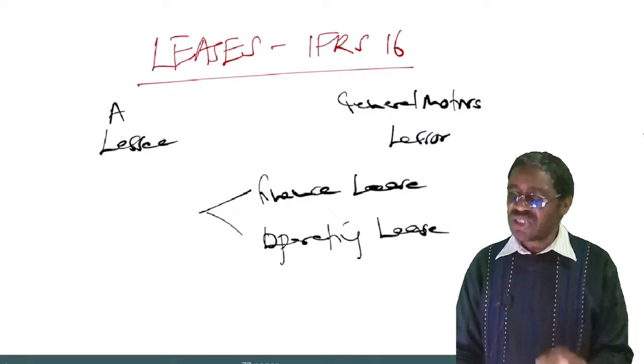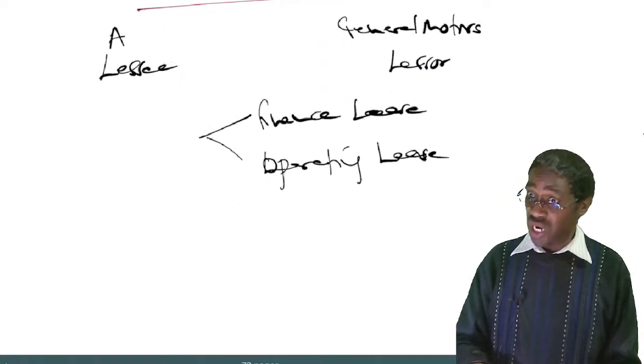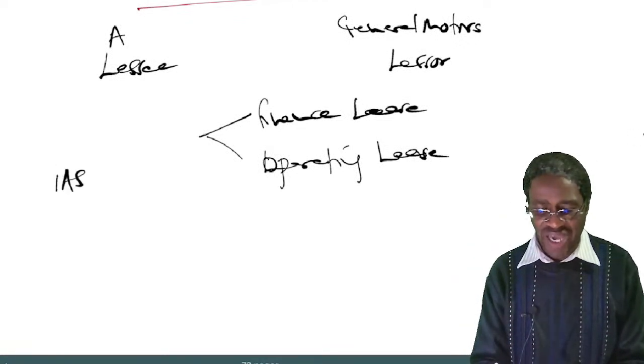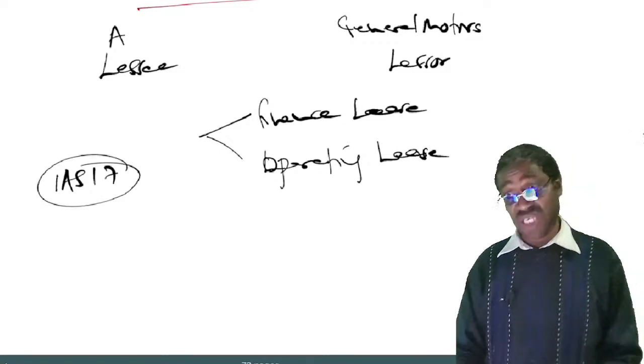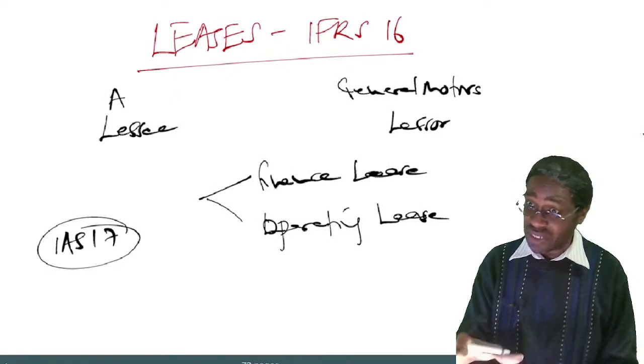Now, listen. Before the accounting standard on leases was revised, we used to have another accounting standard on lease called IAS number 17. IAS number 17 was the one before IFRS number 16.